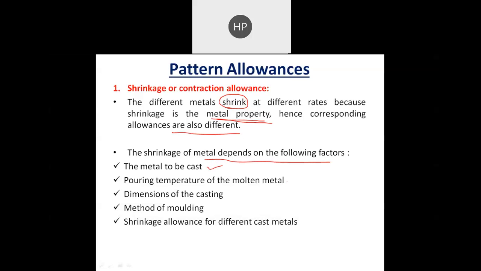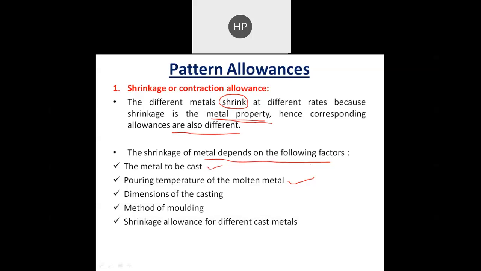Then the pouring temperature of the molten metal, up to what temperature we are heating the molten metal, because we know that as we heat the metal to a higher temperature, its density will change.